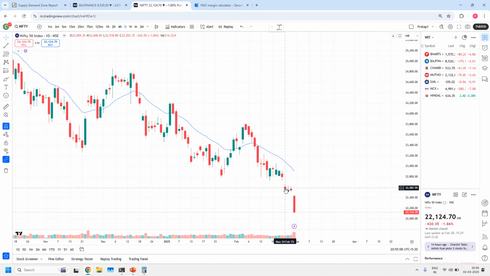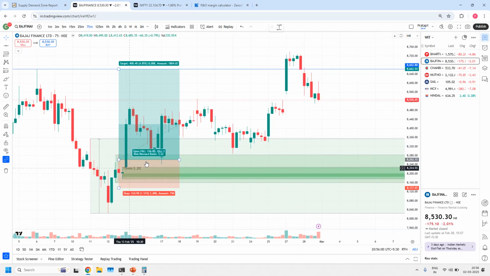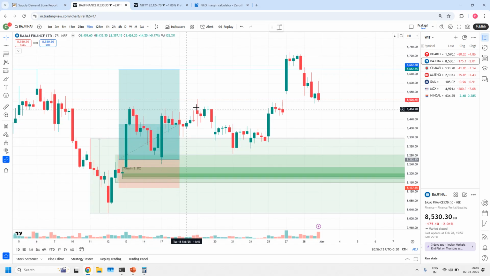But on Monday, what happened in Bajaj Finance? Sharply prices moved. Of course, after that it came down again. Monday you got the trade, it sharply moved up. The whole Monday prices stayed above.